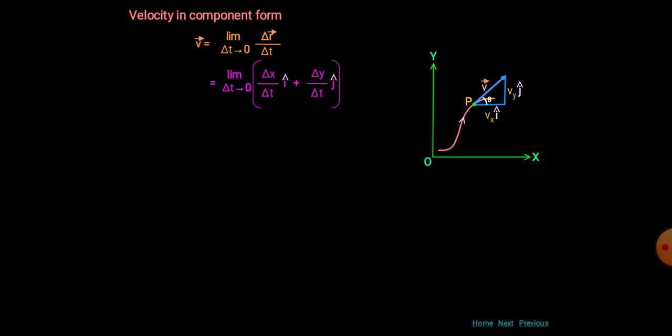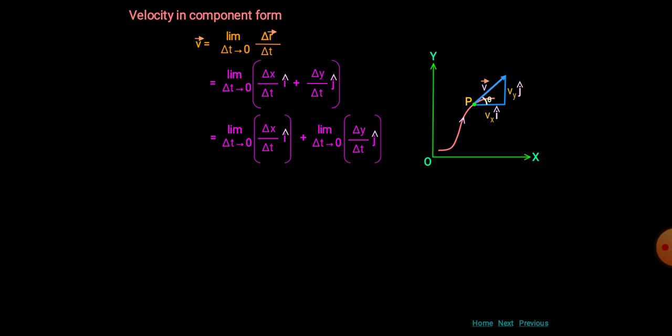See, we can write delta r upon delta t in terms of x and y, because you can see in the figure we have taken here vx i cap, vy j cap, and it is nothing but limit delta t tends to 0 delta x upon delta t i cap plus delta y upon delta t j cap. Now we can separate it.